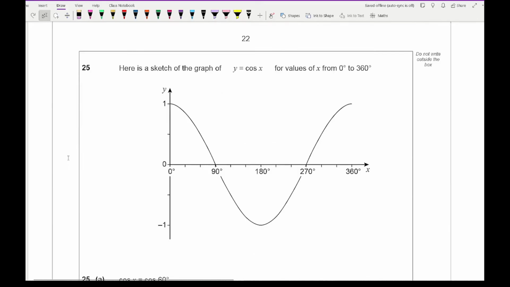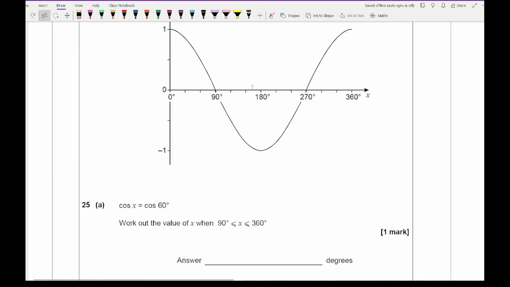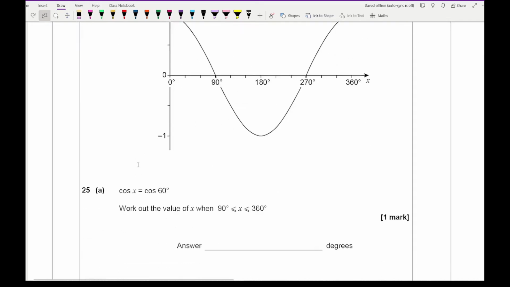Then moving on to question 25, it says here is a sketch of the graph of y equals cos x, and it says cos x equals cos 60. Work out the value of x when x is between 90 and 360. So here we've got cos 60, which is here, and we're looking for the region where it's between 90 and 360.